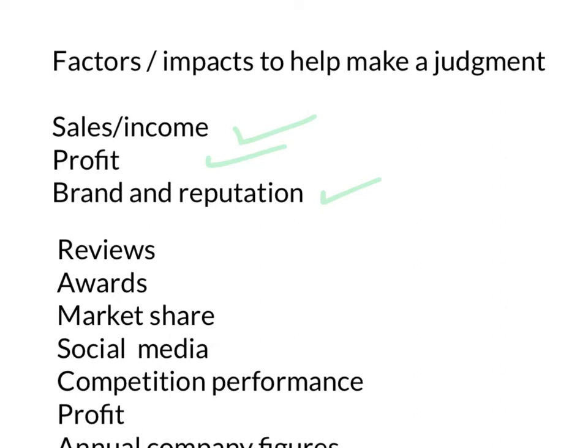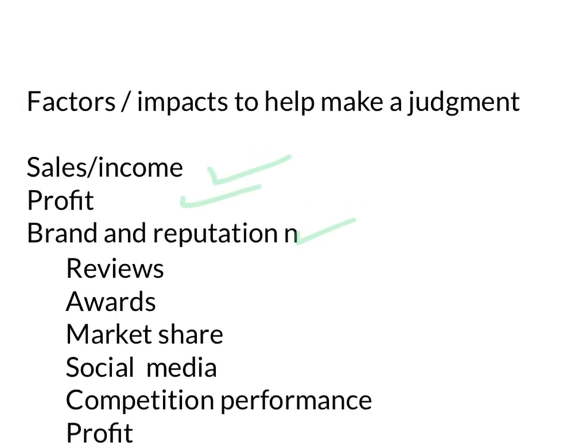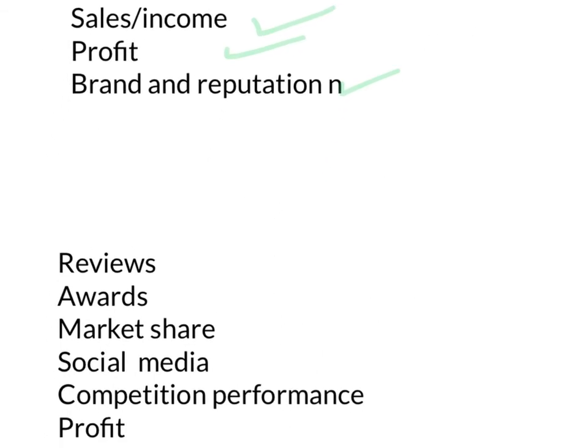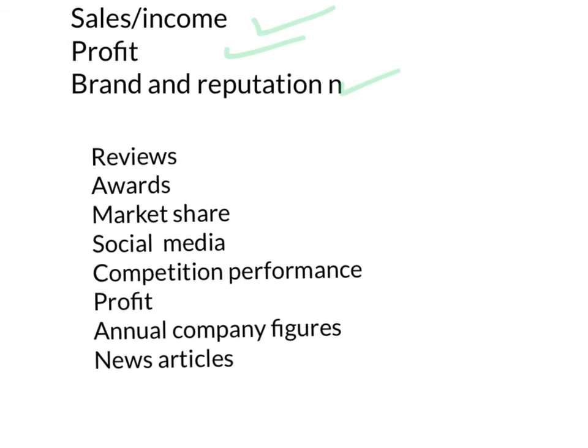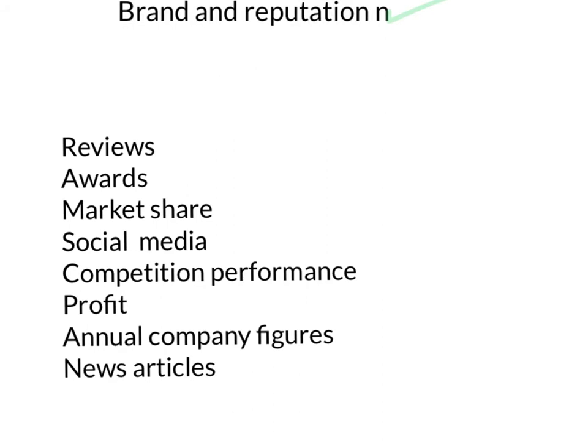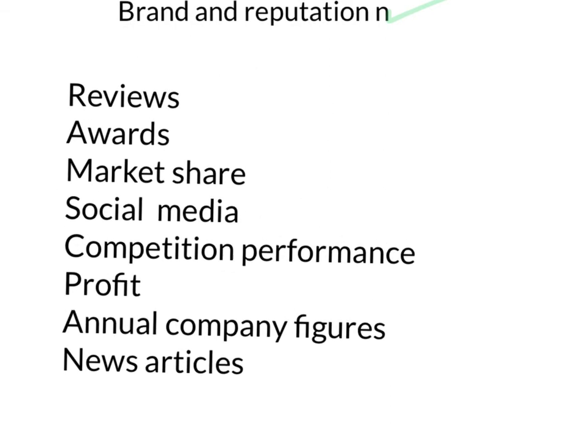Right, now in order to make that judgment, what I suggest is that you look at these things here, okay? And these are the things that I would search on the internet to find out whether a marketing campaign has been successful.